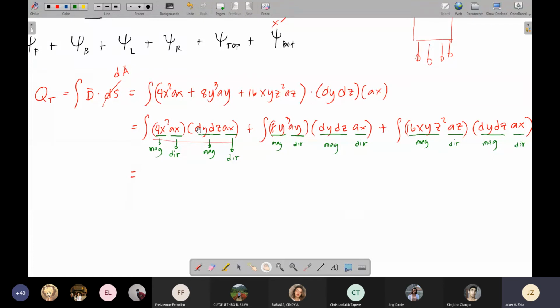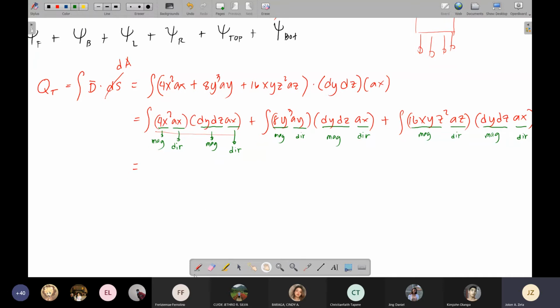This is just a simple dot product. Any regular multiplication like this is related to the simple dot product. Now recall the dot product: if you have vector A dot vector B, that is equal to the magnitude of vector A times the magnitude of vector B times the cosine of the angle between A and B. We can relate it here.